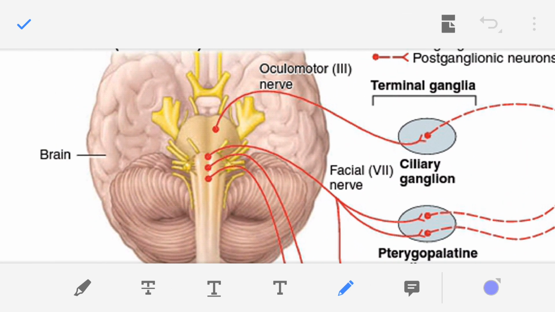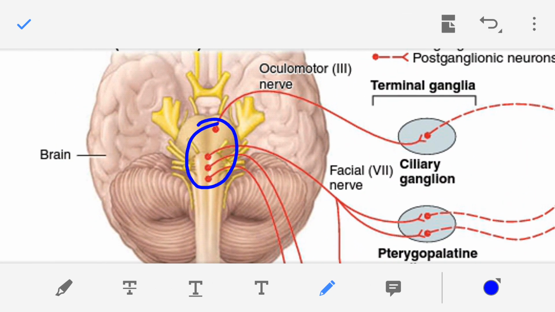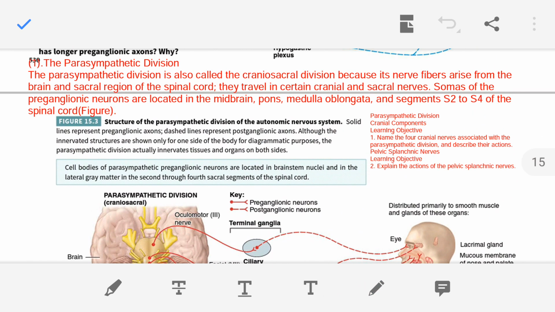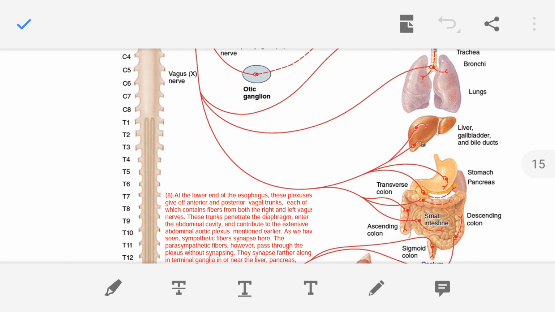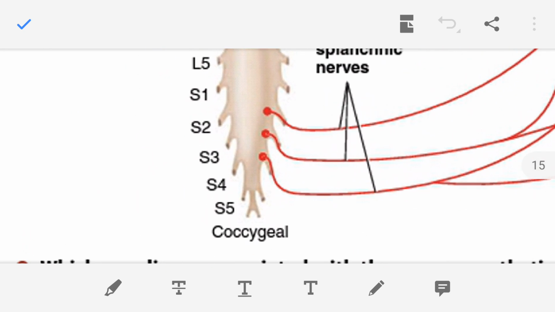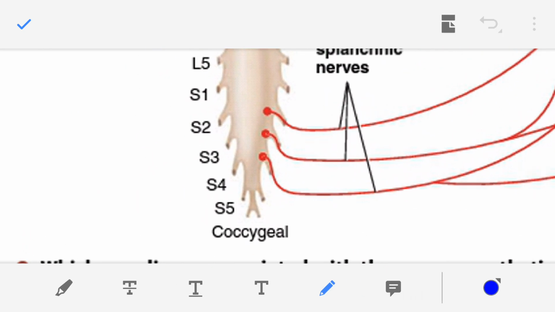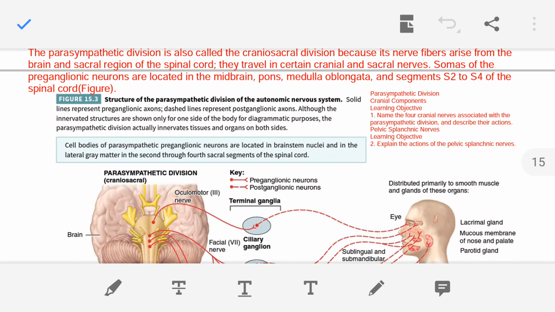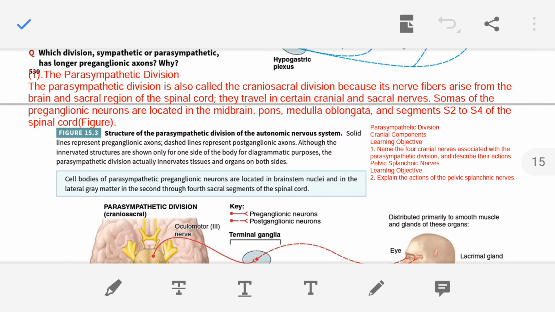So here you can see the somas are present in midbrain, pons and medulla oblongata, and here in the sacral region S2 to S4 the somas of preganglionic neurons are present. Okay, so this is the first point of our discussion. Now moving on to the second point.